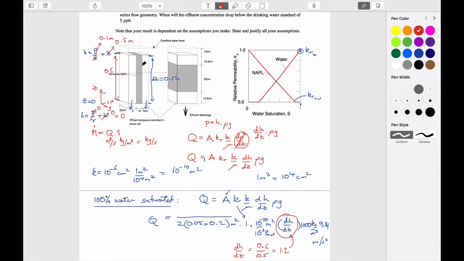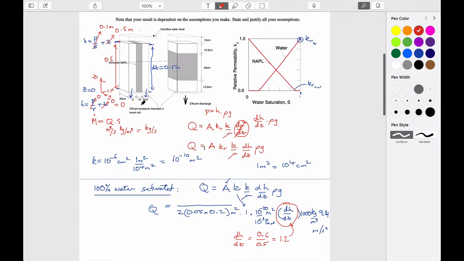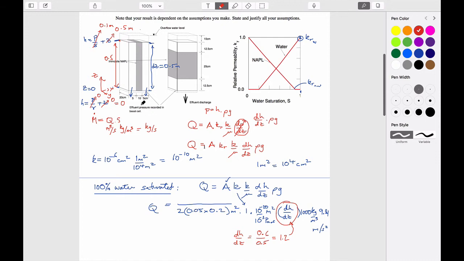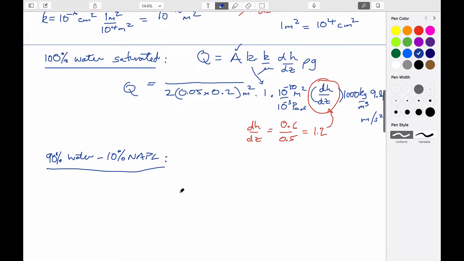If we want to do it now through the stripe, then we have exactly the same approach, right? So we can use the same approach. Let me just write out the same expression. So the part that is 90% water and 10% non-aqueous phase liquid, it's going to be exactly the same.